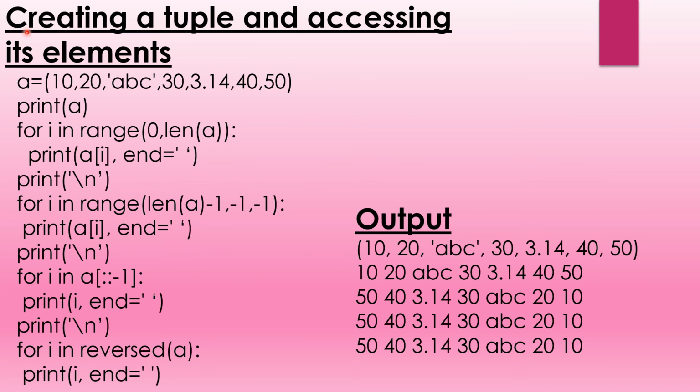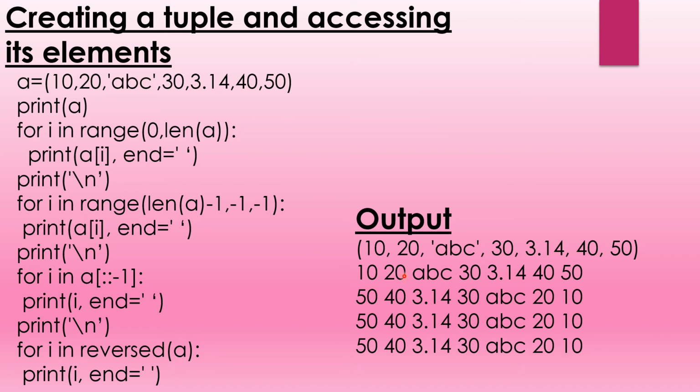We will see a program with a tuple, creating a tuple and accessing its elements. The program is the same, but instead of square brackets we write parentheses. Everything else is the same. Print a, it will be printed as it is written inside a. Then for i in range, it will be 7. Again 0 to 7 basically means 0 to 6.